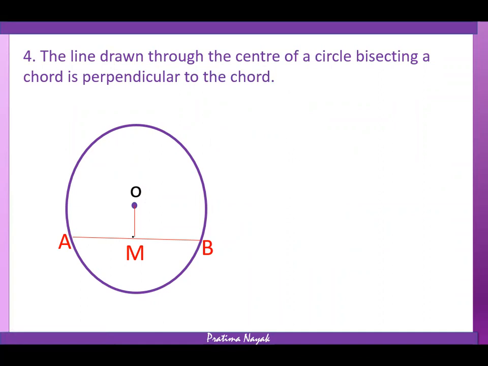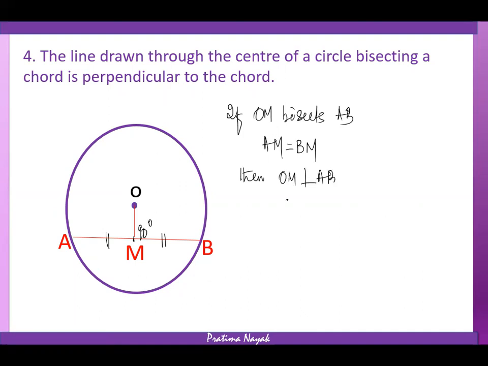That means if I drop a line OM which bisects AB, that means AM is equal to BM, then certainly angle OMB is equal to 90 degrees. OM is perpendicular to AB, or angle OMB is equal to angle OMA is equal to 90 degrees.